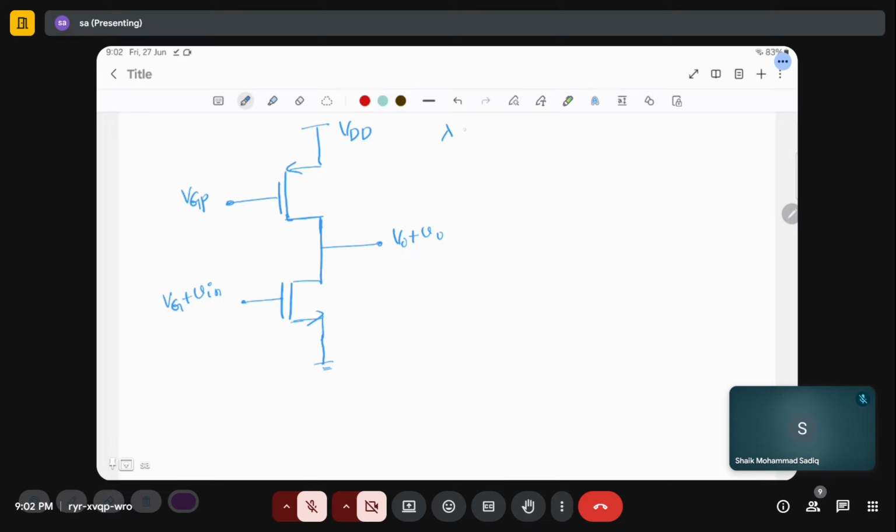Consider lambda. What is the output resistance here? This is RDSP, and this is also RDS. So what is the gain?